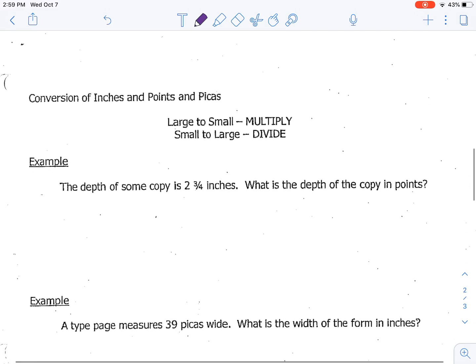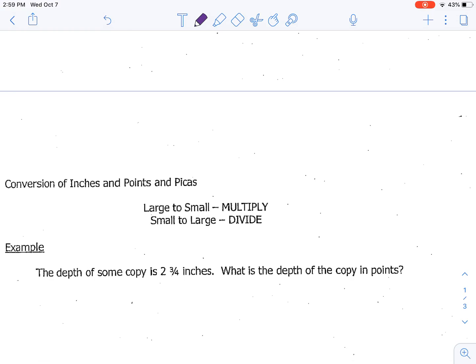So on the next page here, I'm going to write those 3 conversion factors down for us. In 1 inch, there are 6 things that are called picas. And you will also want to write these down somewhere. In each pica, there are 12 smaller sections that are called points.